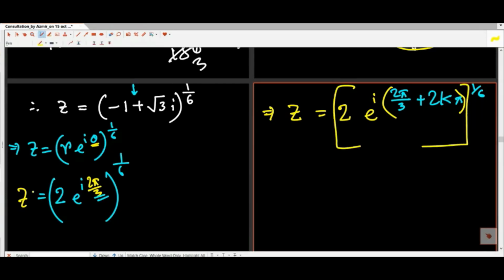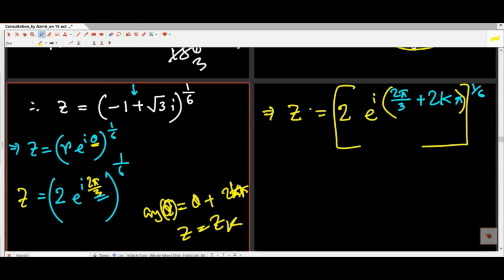That is, the argument of z should be replaced by theta plus 2k pi. Since we have introduced k here, instead of z we can also write zk.